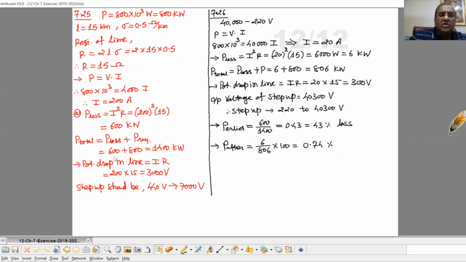Now potential drop in line, that is IR, I 200, R 15, that is 3000 volt. Clear? So step up transformer that should be of 440 volt, right? That should be transferred at 7000 volt.